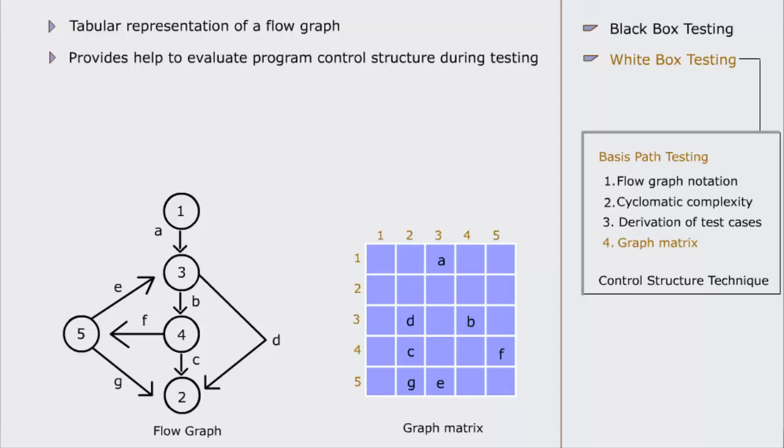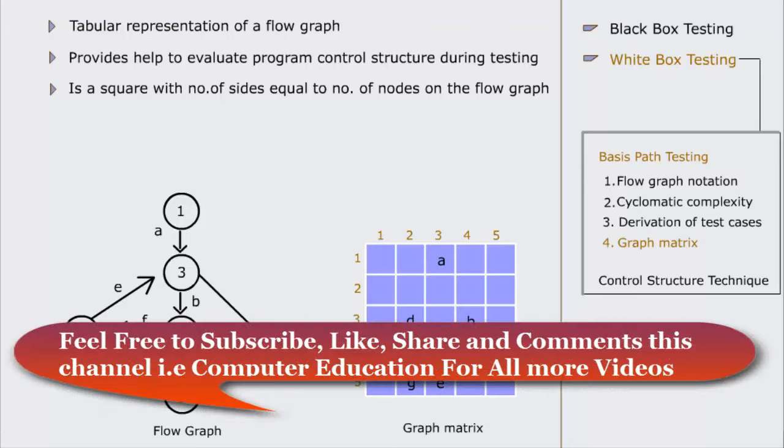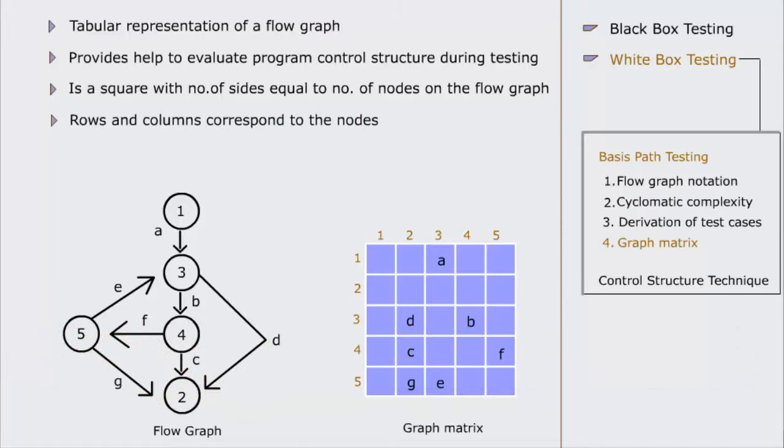In a graph matrix, the number of sides is equal to the number of nodes on the flow graph. Rows and columns correspond to the nodes. Entries correspond to the edges.